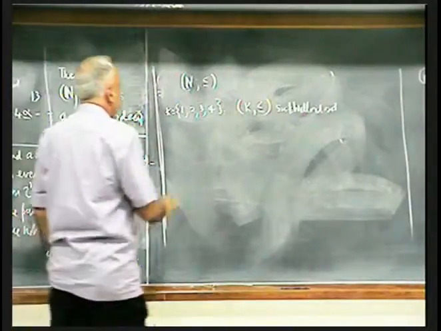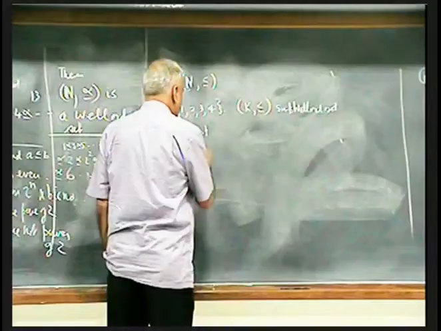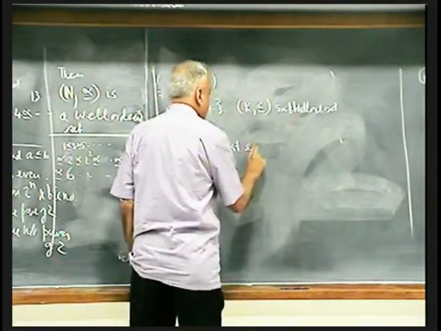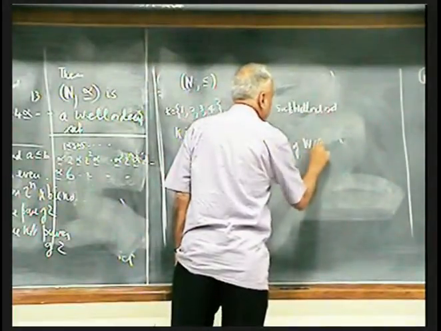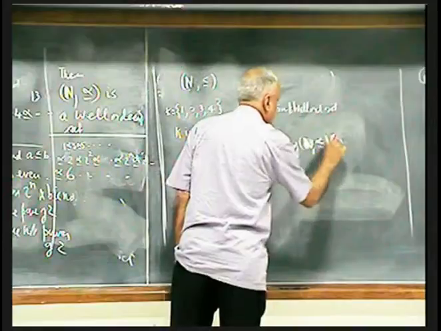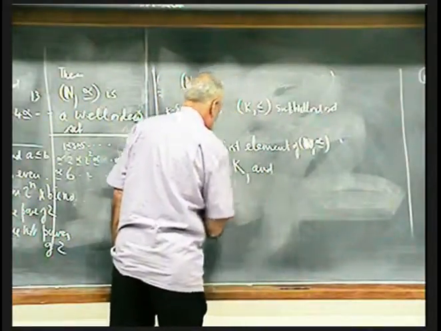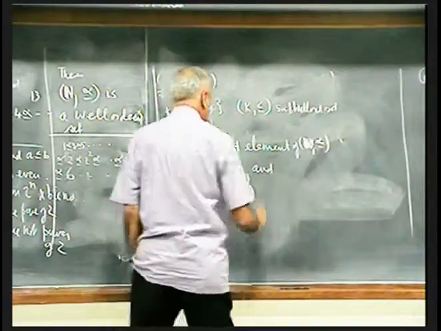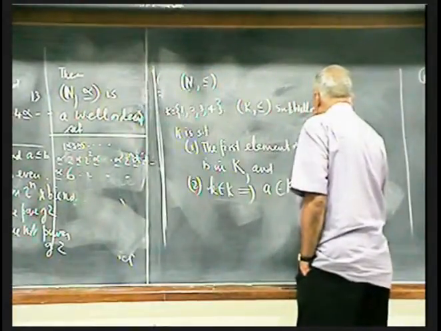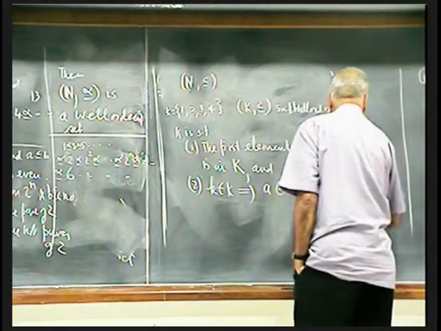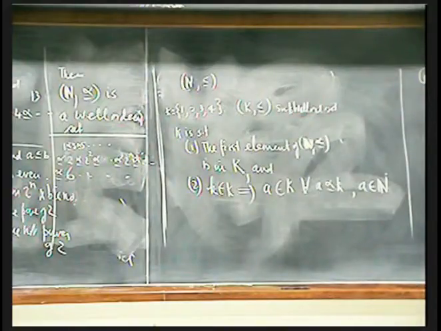That fellow is present in K. And whenever somebody is in K, everybody who precedes that fellow is also in K. So K is such that 1, the first element of W or N, is in K, and A belongs to K implies every predecessor of A belongs to K. If you take anybody else, whenever somebody is there, all his predecessors must be there.